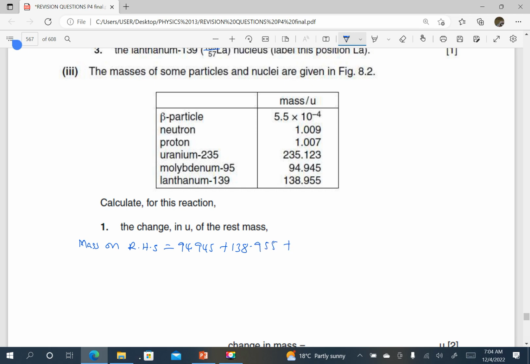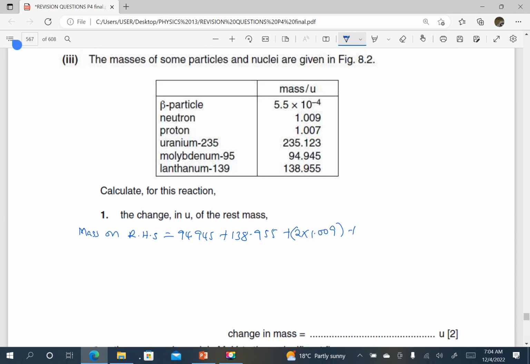There are 2 neutrons, so I'll say 2 times 1.009, plus. There are 7 beta particles, so I'll say plus 7 times 5.5 times 10 to the power negative 4. So I'm finding the total mass on the right hand side. So this is going to give us 235.922 u. That is the mass on the right.